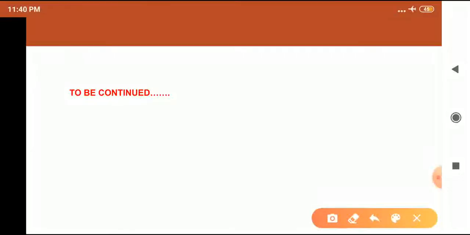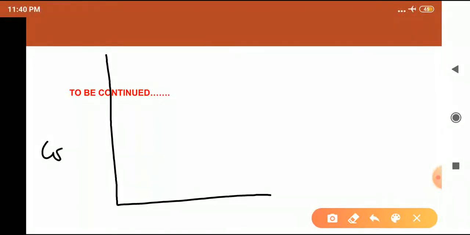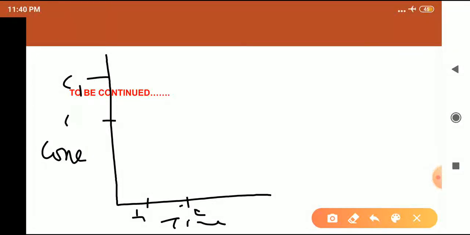If we plot a graph for both these reactions, in order to calculate the average as well as the instantaneous rate of the reaction, we have to plot a graph between concentration and time. This is T1 and this is T2. Concentration C1, concentration C2.